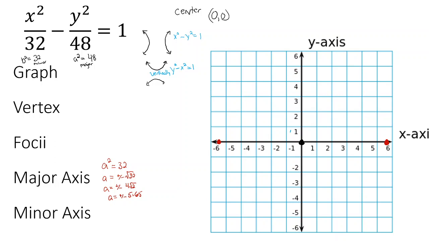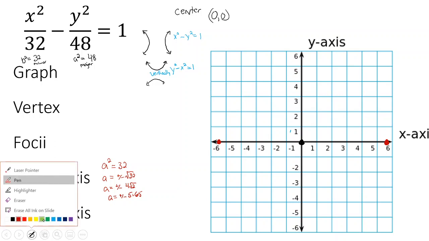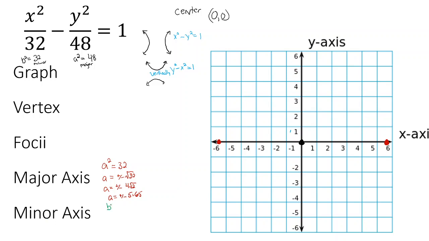Now I'm going to go in the y direction, and I'm going to figure out what that's going to be. So I'll take b squared, which is equal to 48. So b equals plus or minus the square root of 48. I like to rationalize stuff. So when I rationalize that, let's see, 16 times 3, right?